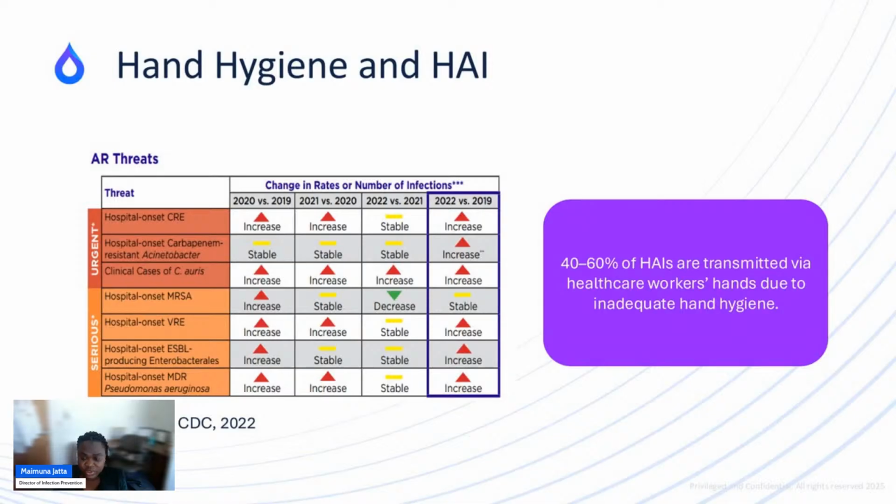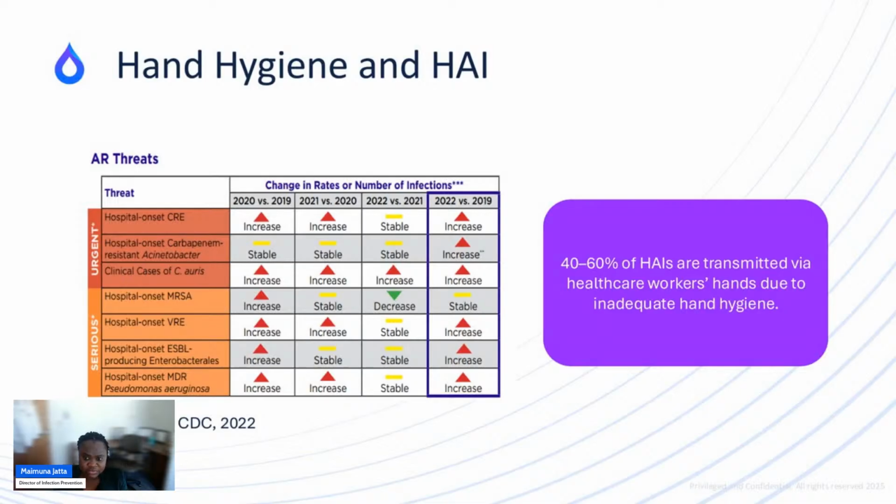Hand hygiene is a frontline defense, and there's a lot of opportunity to curb the increasing threats of these MDROs by doing the most basic things that we can do as humans, as healthcare providers. The WHO estimates that 40 to 60% of HAIs are transmitted via healthcare workers' hands. That is a significant number of HAIs when you think about it.